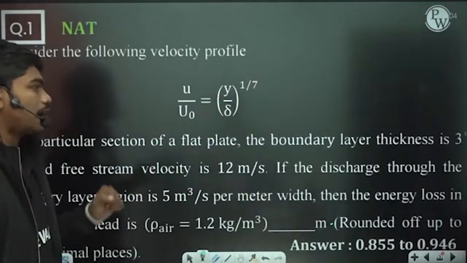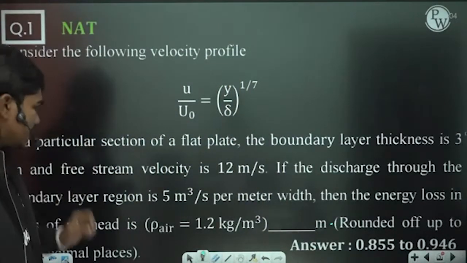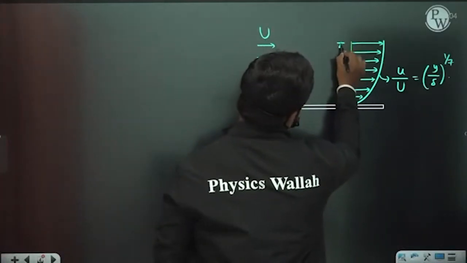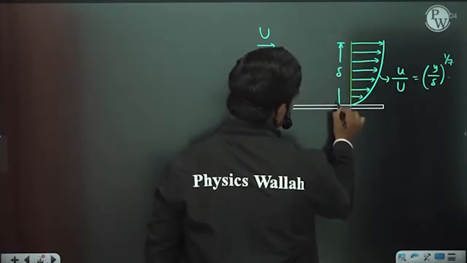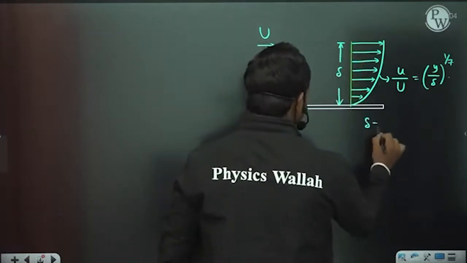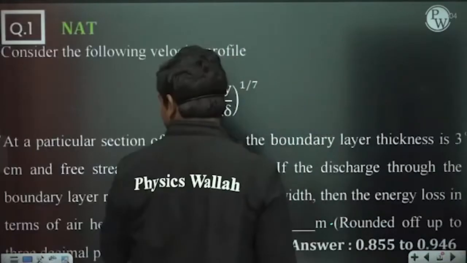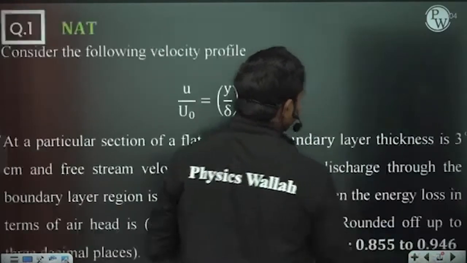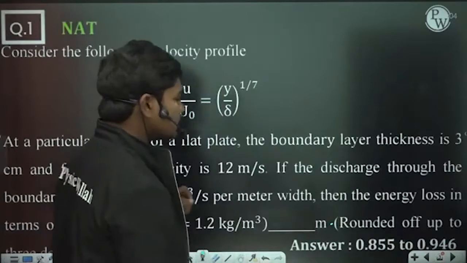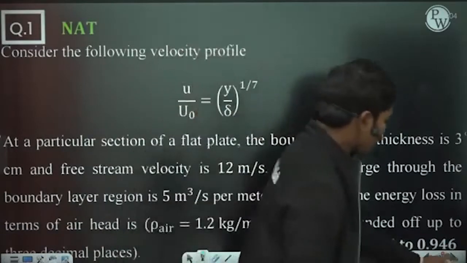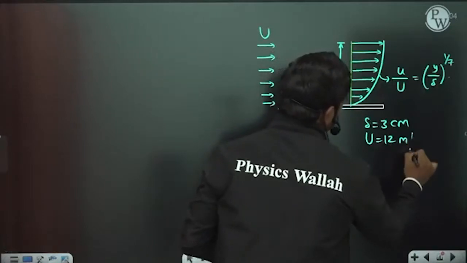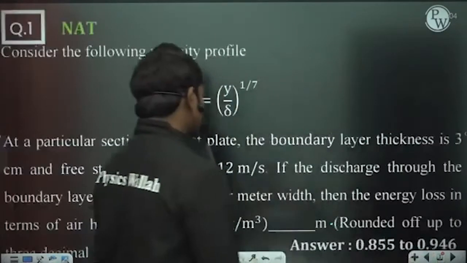At a particular section of the flat plate, the boundary layer thickness is 3 centimeters. If you call this value the boundary layer thickness, which is delta, we have this value of delta as 3 centimeters here. The free stream velocity is 12 meters per second.